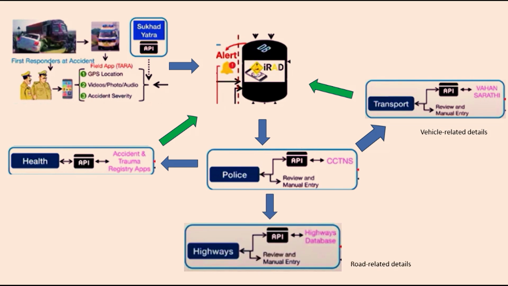Similarly, the highway department will also get information, visit that place, and feed his part to IRAD. That way, different stakeholders are involved and filling in their part, so that we ensure the most accurate data gets filled into the IRAD.